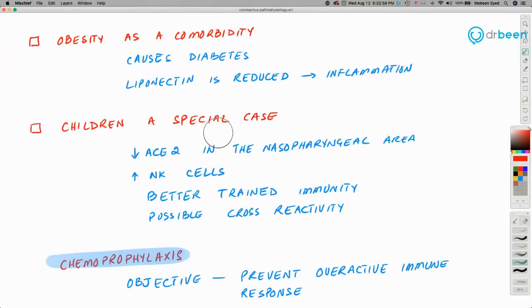Number one, obesity causes diabetes. Diabetes, most of the time, type 2 diabetes, is because of insulin resistance, and insulin resistance is because of obesity, which causes the free fatty acids to be produced. And free fatty acids are things that disrupt the insulin's function inside a cell.